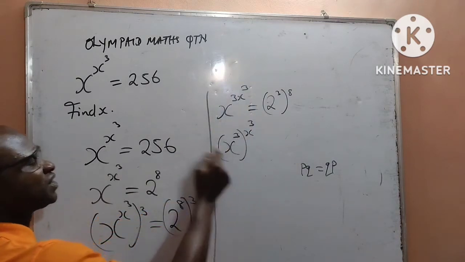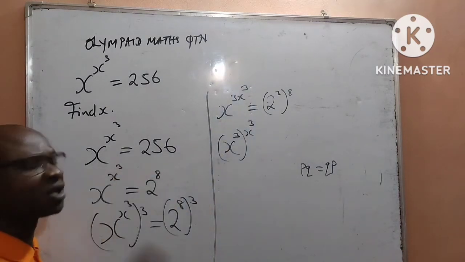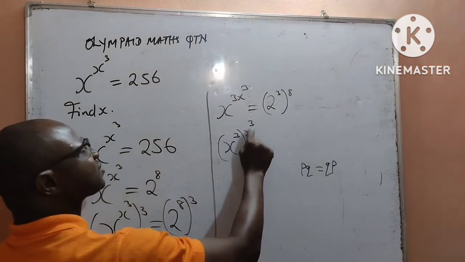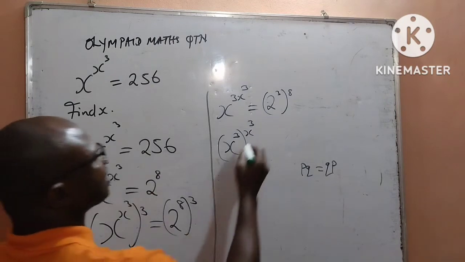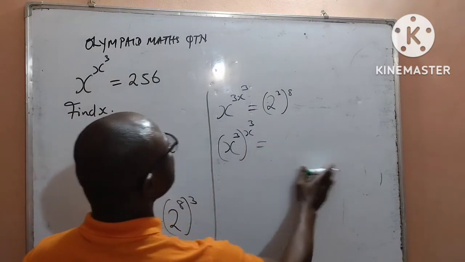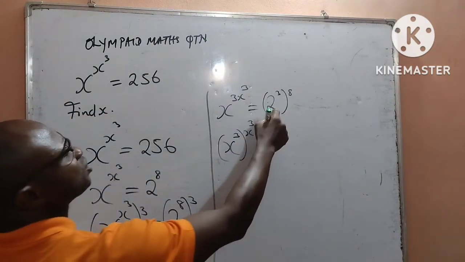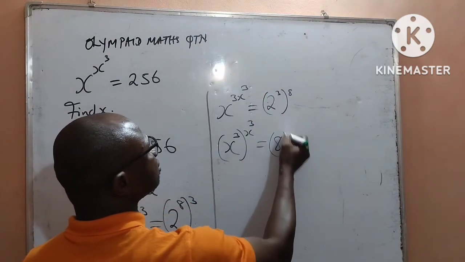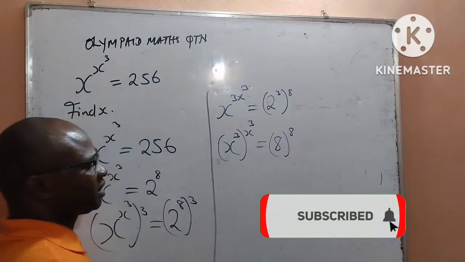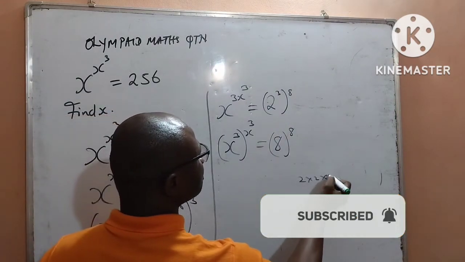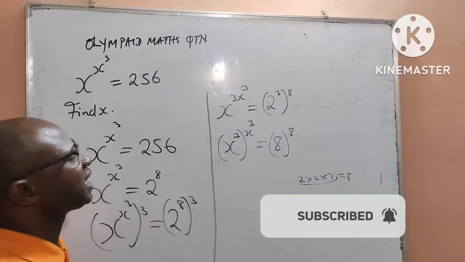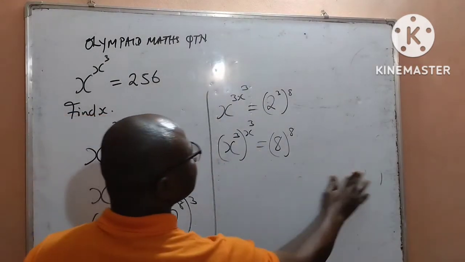So, as I have it here by that product law of indices, it is still 3 multiplied by x to the power of 3. And it is equal to, of course, you can see with me here that 2 to the power of 3 is equal to 8, to the power of 8, because 2 times 2 times 2 is equal to 8. That is, 2 times 2 is 4 times 2, 8.